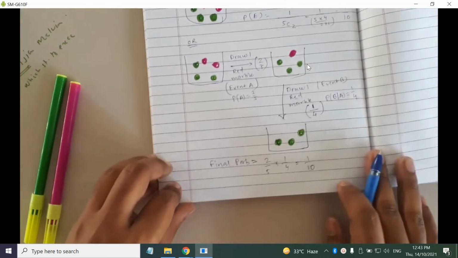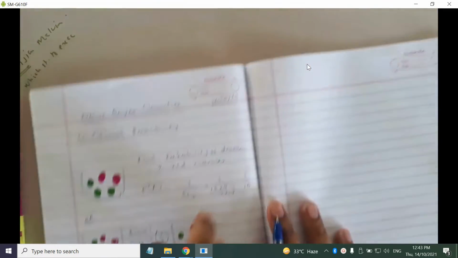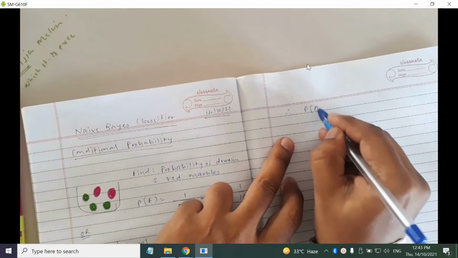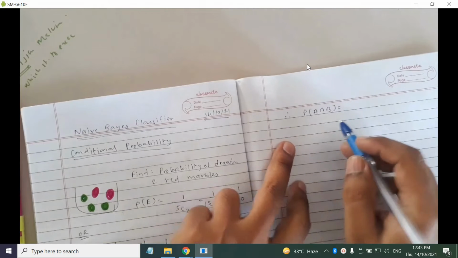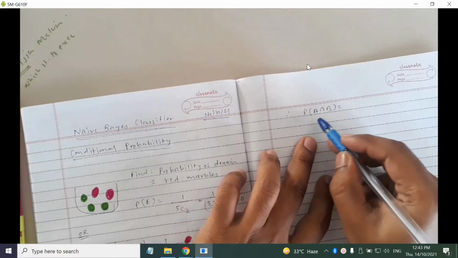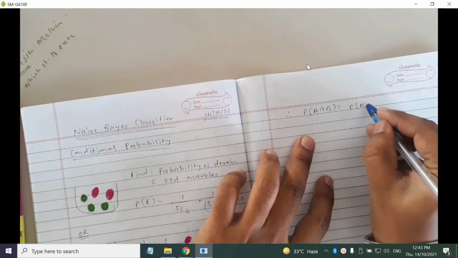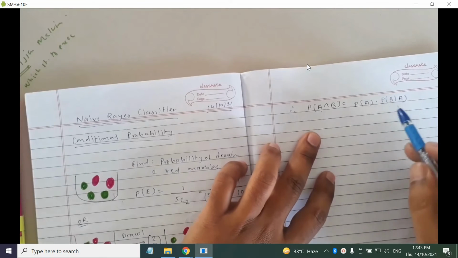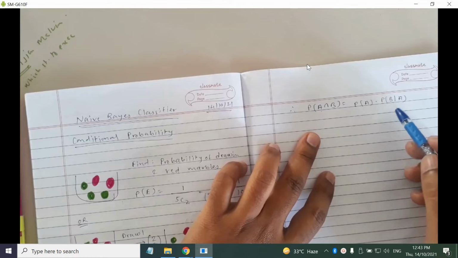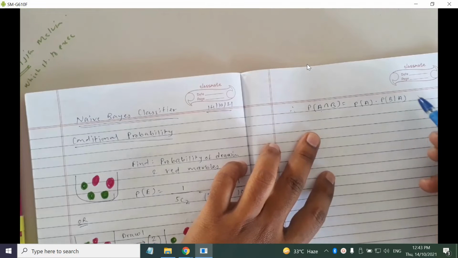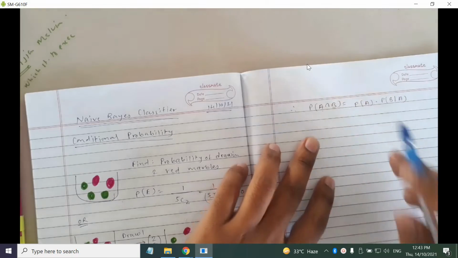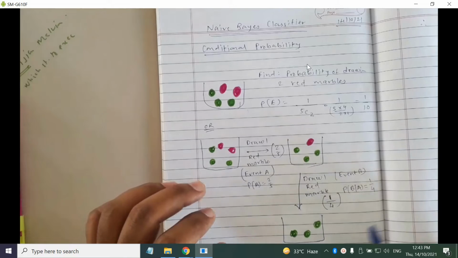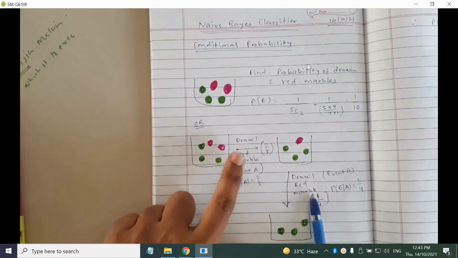So probability of A and B, both, is probability of A into probability of B given A. How to read this? Probability of B given A means A has already occurred, then what is the probability of B? This holds for dependent events. These two events were dependent, not independent.